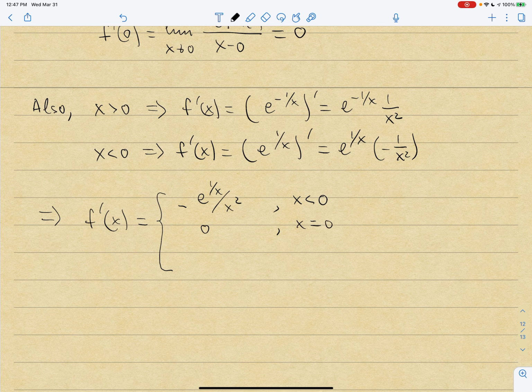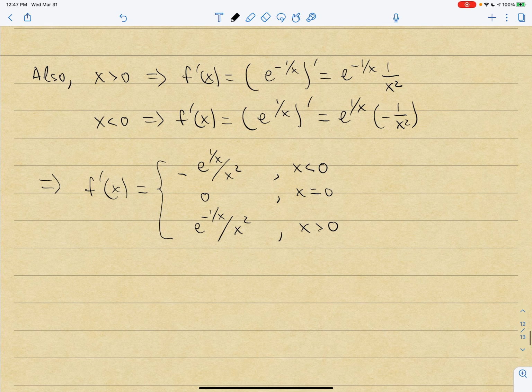And if x is greater than 0, then the derivative is e to the minus 1 over x, over x squared. All right, so then f prime of x is defined everywhere, for all x, negative, positive, and 0.